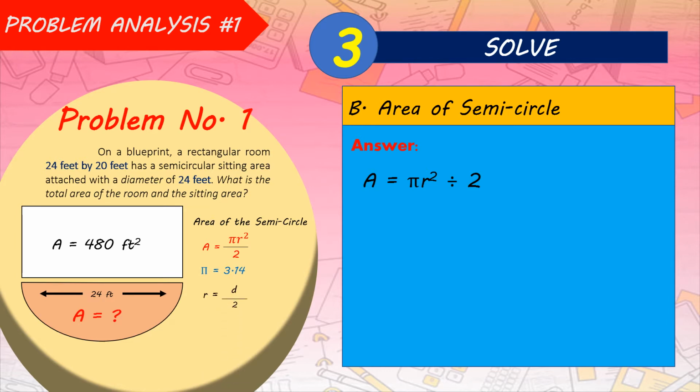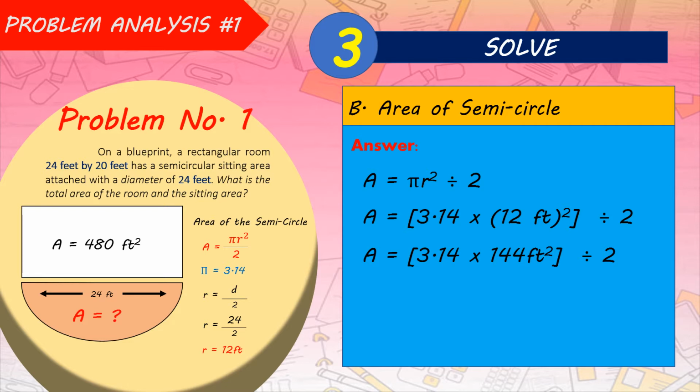We know that pi is equivalent to 3.14. To get the radius, we divide the diameter, which is 24 feet, by 2. So 24 feet divided by 2, we will have the radius of 12 feet. Now we substitute the given measurements into the formula. So area is equal to 3.14 times 12 feet squared divided by 2.